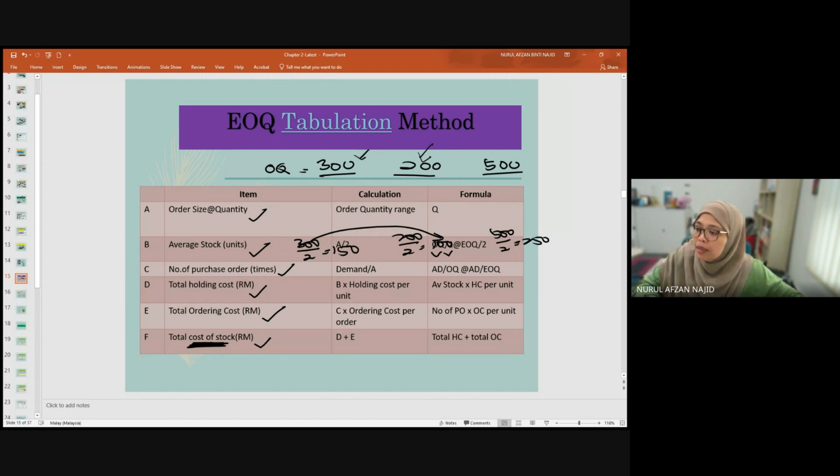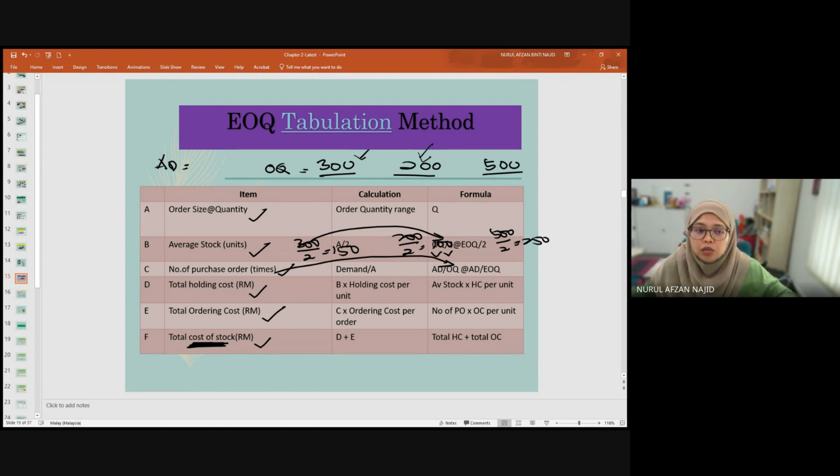Alright. Then, number of purchase order. What is the formula for number of purchase order? AD bahagi OQ. So, bila tabulation method, you kena cari AD. AD ni from the question. Okay. Sama ada dia memang dah bagi, clearly dia dah bagi. So, this is the annual demand. Ataupun you need to calculate first the annual demand.